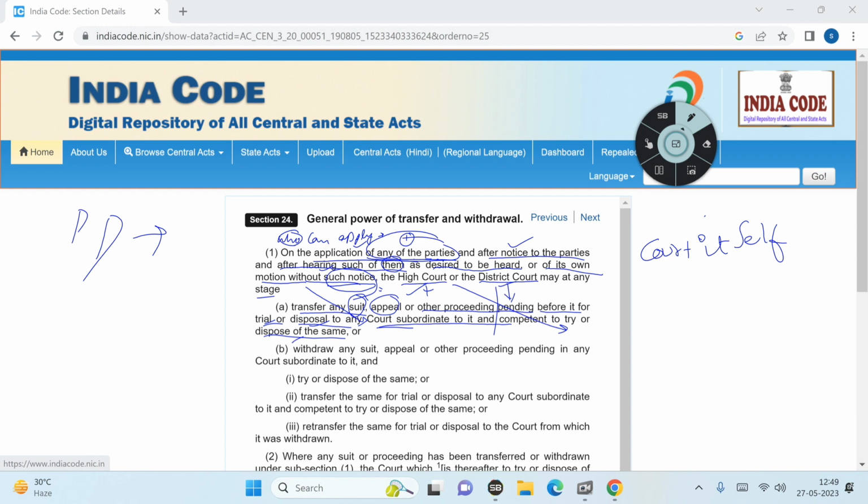Here the condition is before it. Suppose somebody files an application, then it is pending before it. So who can transfer? High Court or District Court. To which court can it transfer? Any court subordinate to it. So the condition is subordinate.